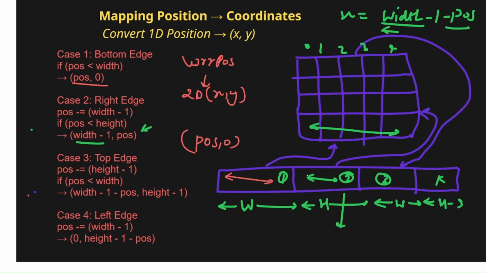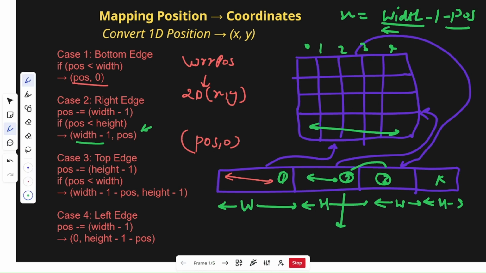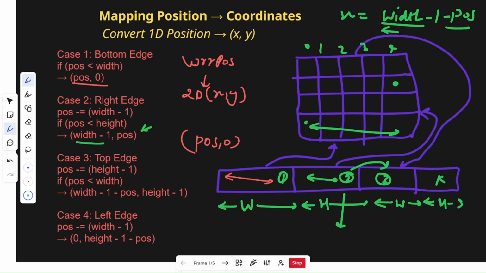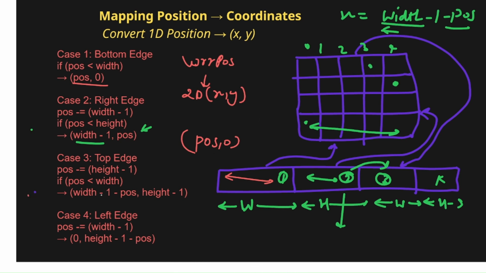Because if you see here, the current position is calculated from this position, or you can say from left to right. So if you want to find the position from the origin, then you need to subtract width minus 1 minus position, and the y coordinate will be height minus 1.